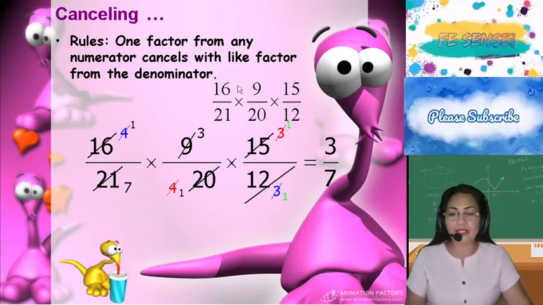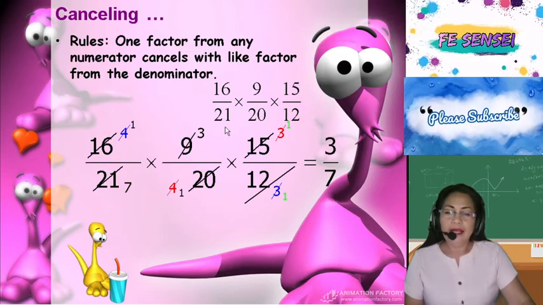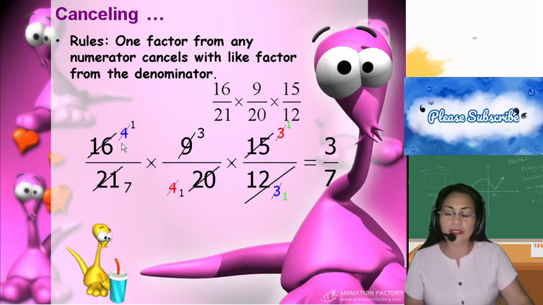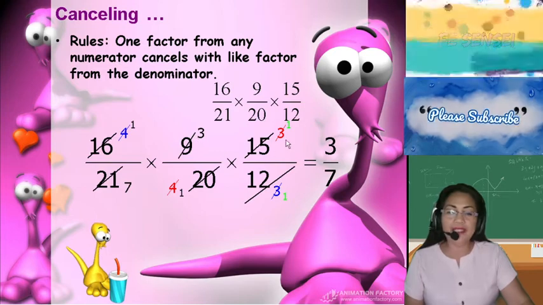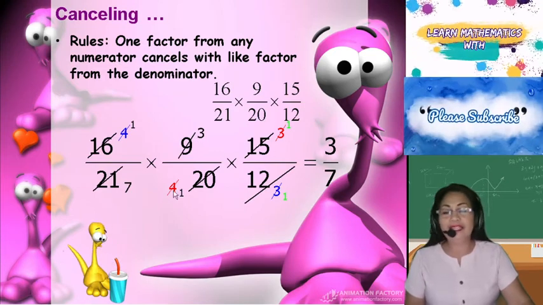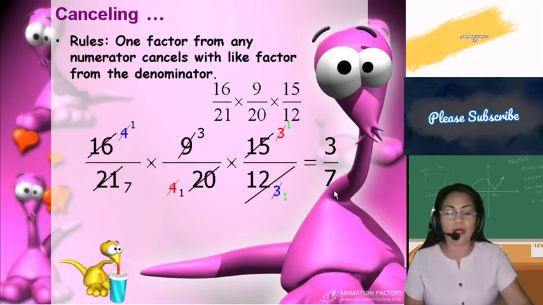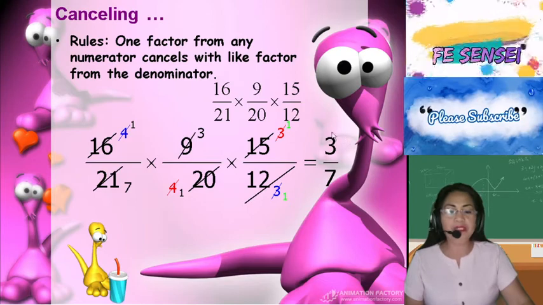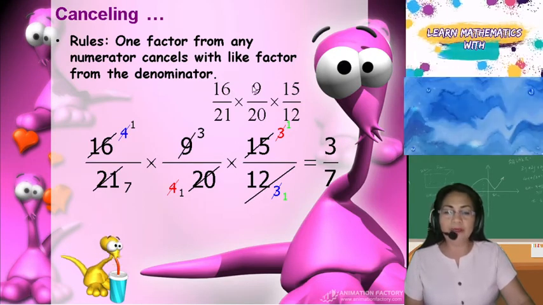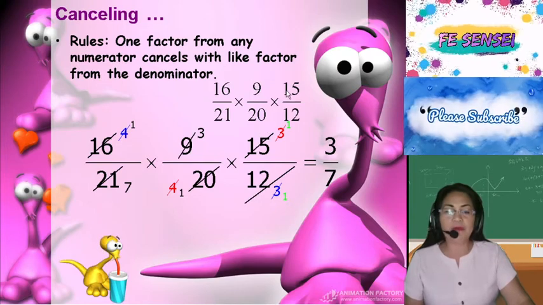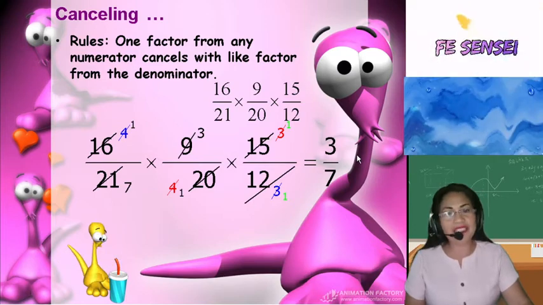So the final answer for these fractions: 1 times 3 equals 3 times 1 equals 3. Then for the denominator, 7 times 1 equals 7 times 1 equals 7. So the product for 16 over 21 times 9 over 20 times 15 over 12 is 3 over 7.